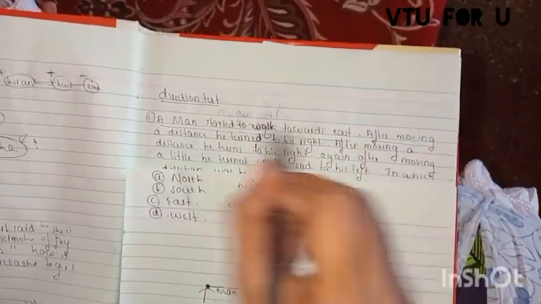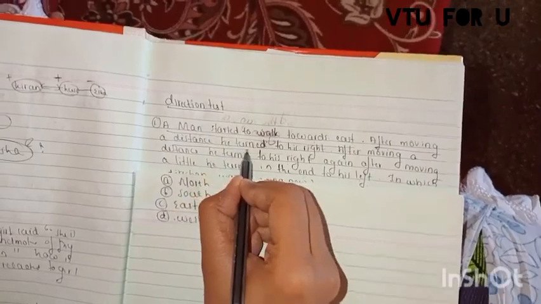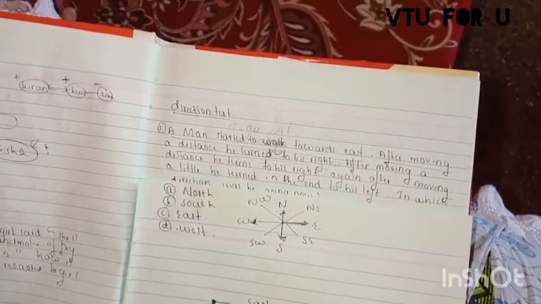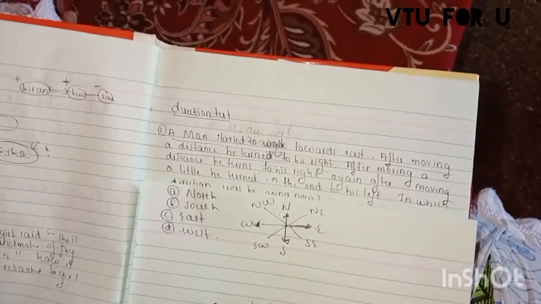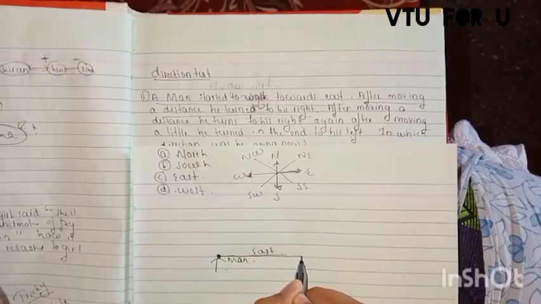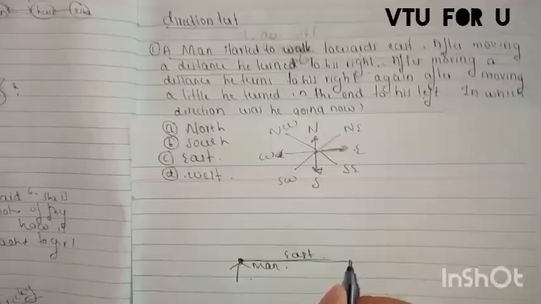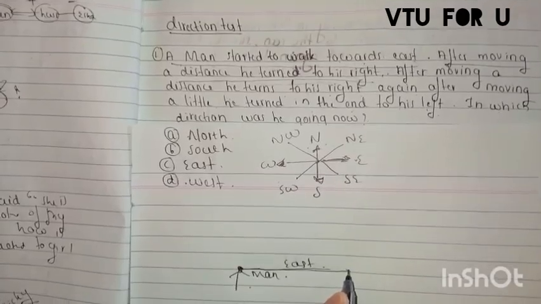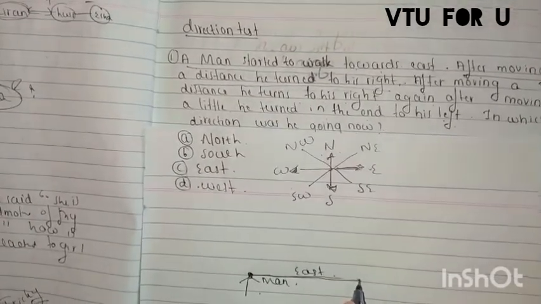After moving a distance, he turned to his right. He will move some distance from here. After moving some distance, he is going to turn right. To understand right and left, consider you are standing here looking towards the east side.